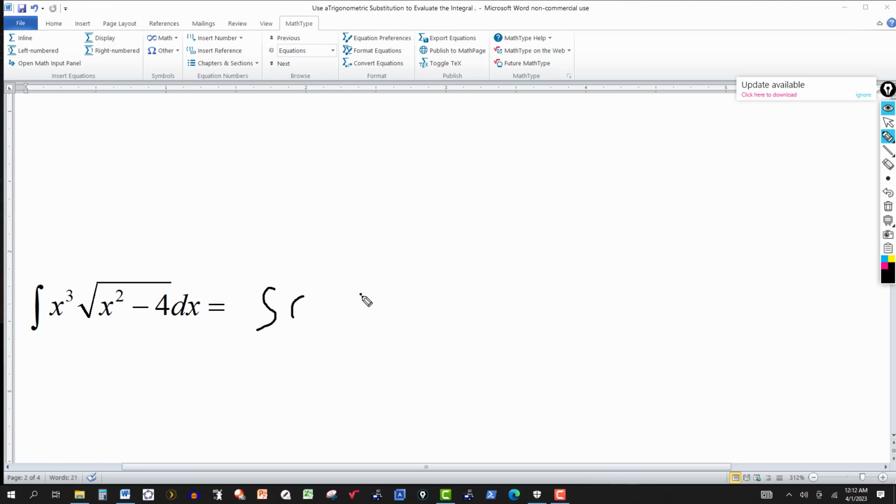This will be x cubed, and the x is going to be 2 secant theta. Right here, x to the third, and x replaced by 2 secant theta. And then the radical is replaced by 2 tangent of theta. And then the dx is replaced by 2 secant theta, tangent theta, d theta.